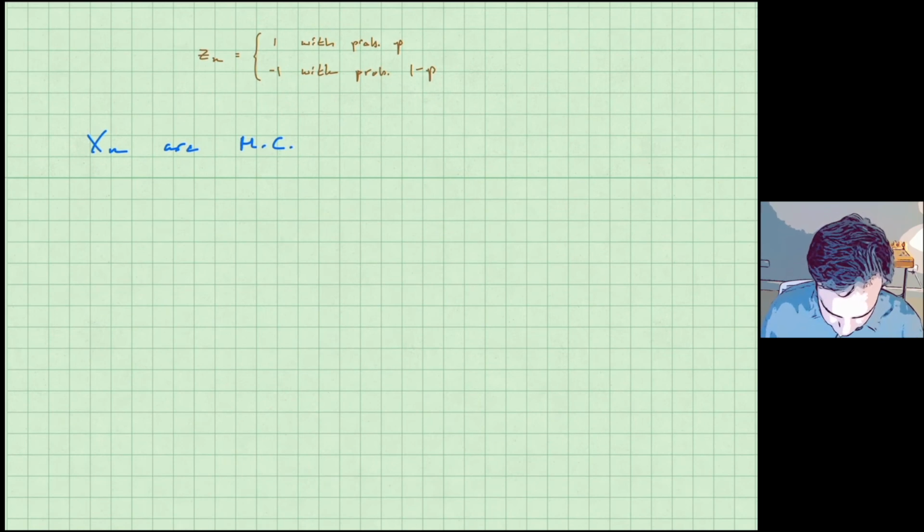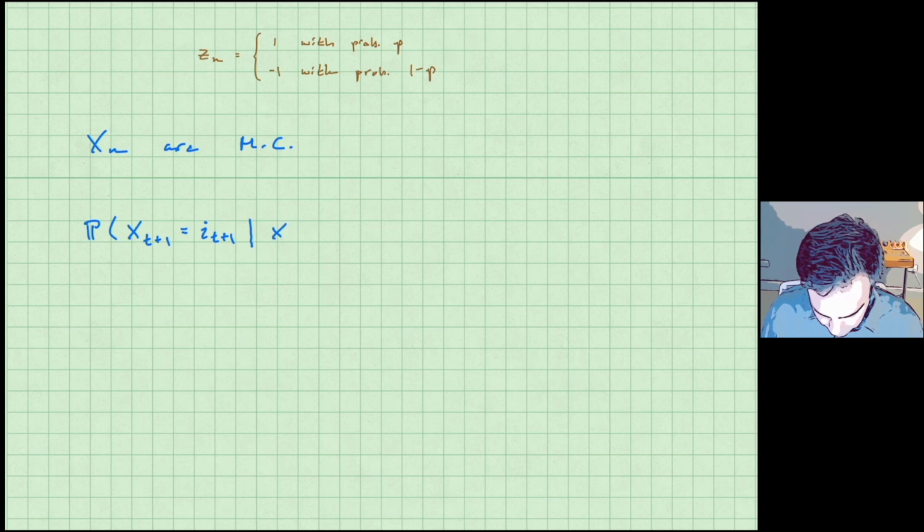I'm going to copy it over. The probability x sub t plus 1 is equal to i sub t plus 1, given, and then we'll write out the whole history here. X sub t is equal to i sub t, and so on, down to x sub 0 is equal to i sub 0.